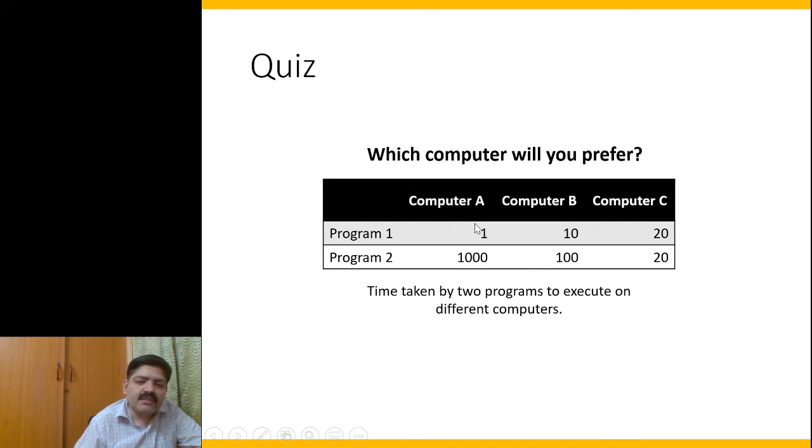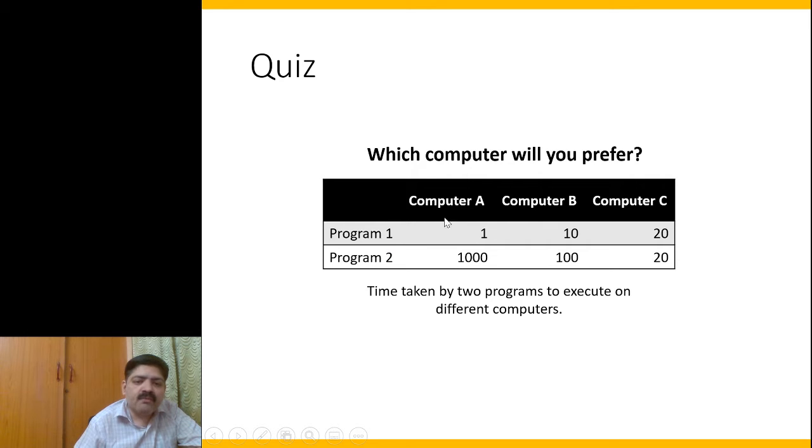So the problem here is, let's say I have computer A, computer B, and computer C, and I'm intending to buy one of them, but I just don't know which one to buy. And let's assume that I have to make that purchase decision solely based on running these two programs and knowing about their time taken to complete.